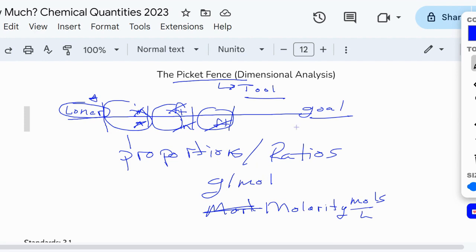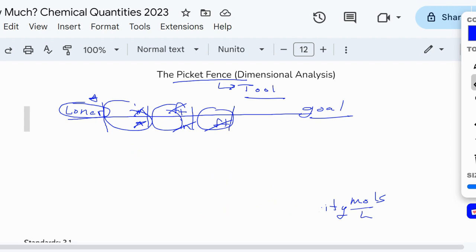Okay, as you're doing these types of problems, we have a few major goals that you always need to work towards. Let me clean this all up. Step number one is identify the proportions you're working with.